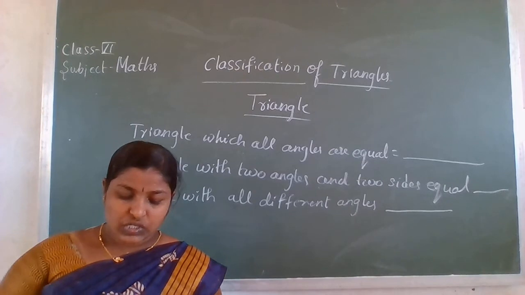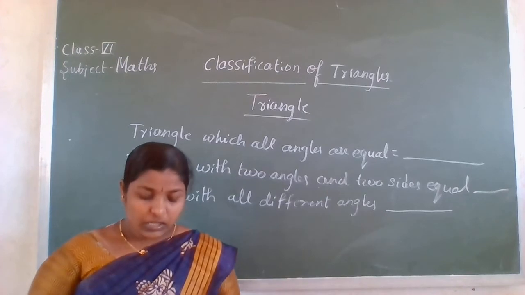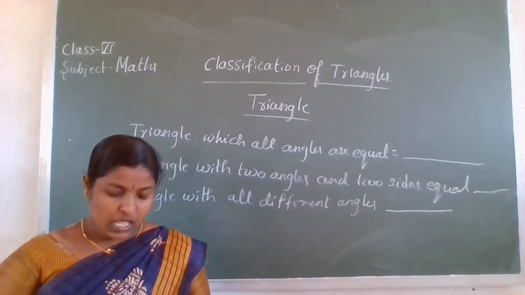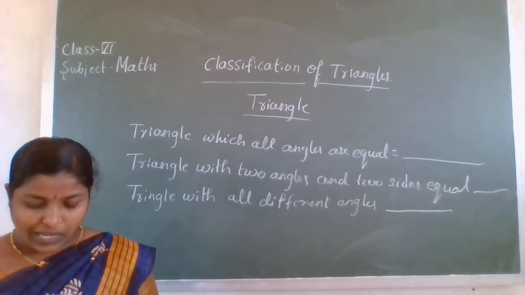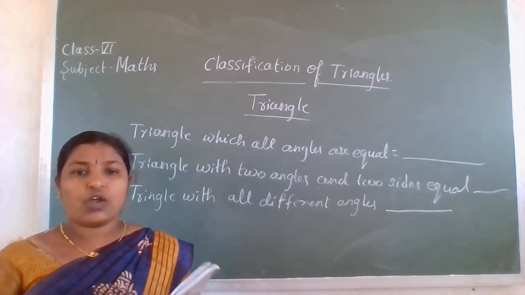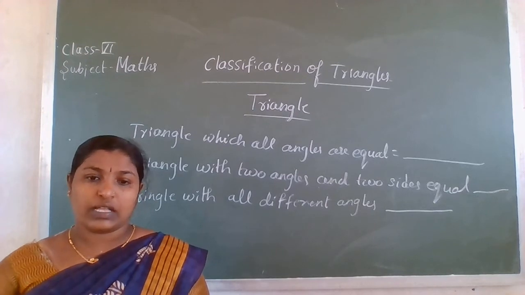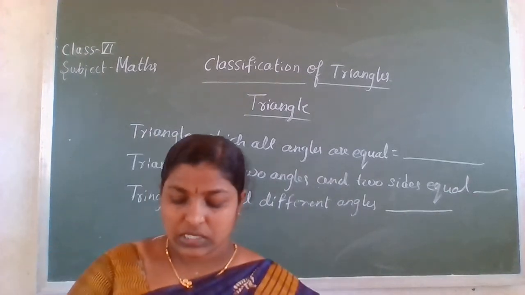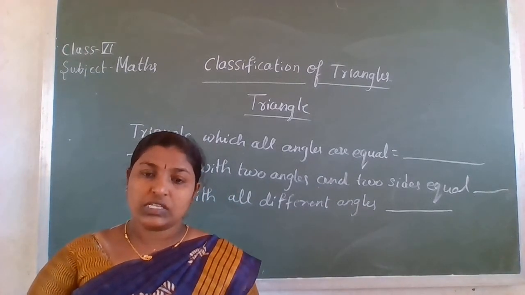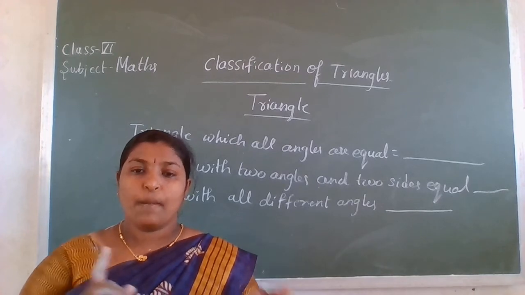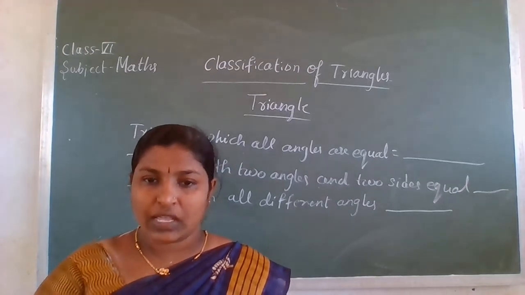Naming triangles based on angles. This was based on sides. Then what are the types based on angles? Acute angle triangle, right angle triangle, obtuse angle triangle. In tomorrow's class, I will explain the types of triangles based on sides and the types based on angles.